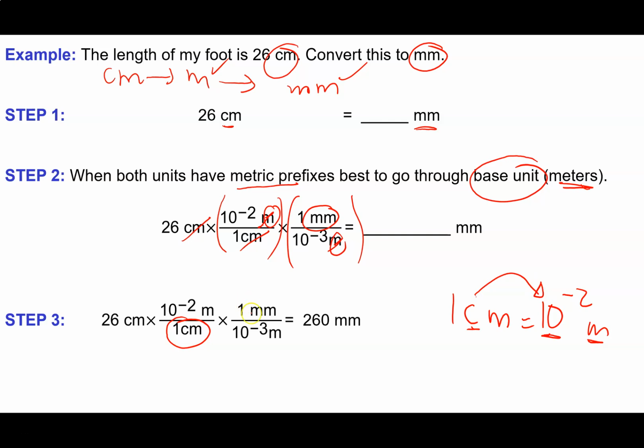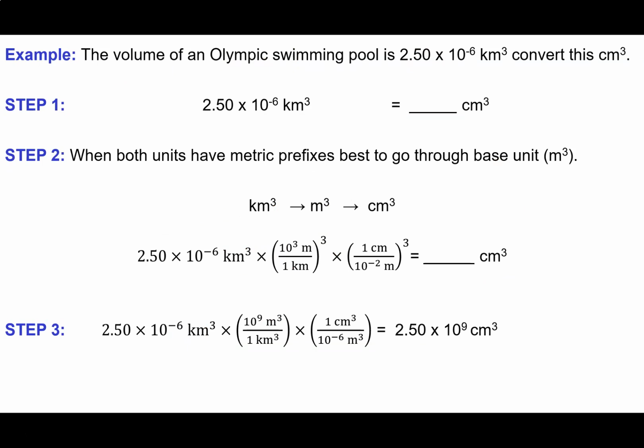The 1 goes next to the unit that has the prefix. The power of 10 goes next to the base unit. Pretty simple idea. Okay, units cancel. Check that what you've got left over is what you want, and away you go.